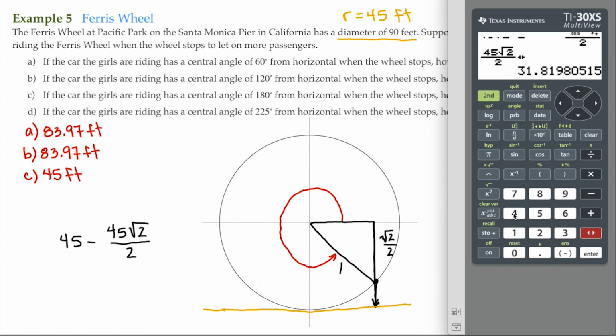If I take 45, and you could type it in just like this, 45 minus, and as you can see right here, that ANS, don't forget that that ANS stands for the answer. So if I go second answer, I'm going to take 45 feet, that's this right here, minus the answer, which is 45 root 2 over 2, and hit enter.